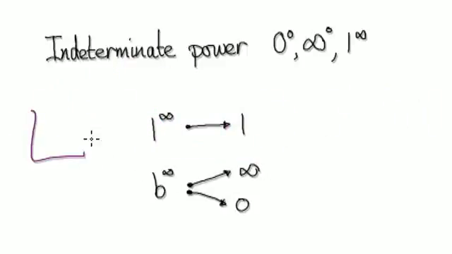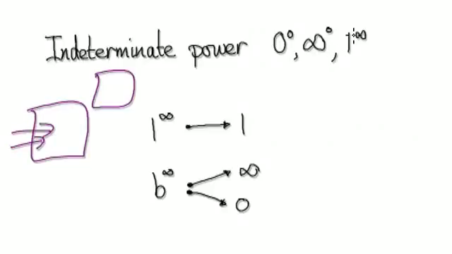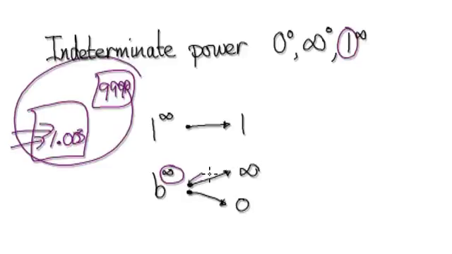But then if you have a number to the power of another number, if this thing here is heading towards 1, but you have it slightly bigger than 1, and this is to the power of a very, very big number, then this thing here will head towards infinity.